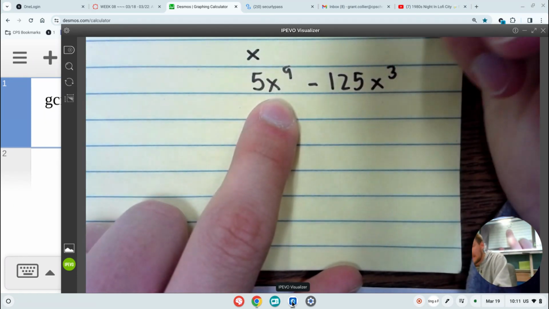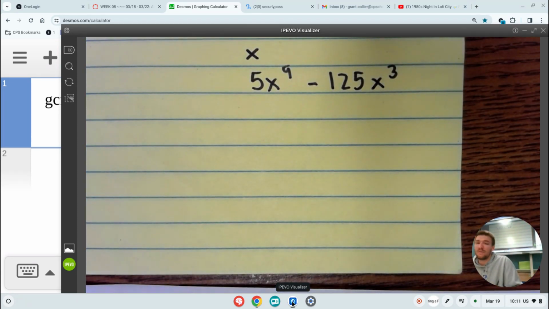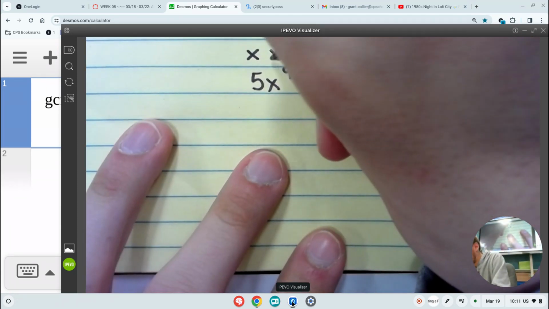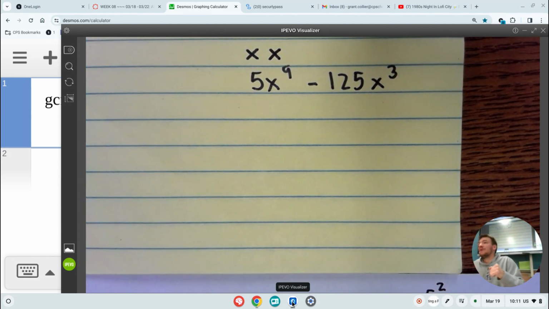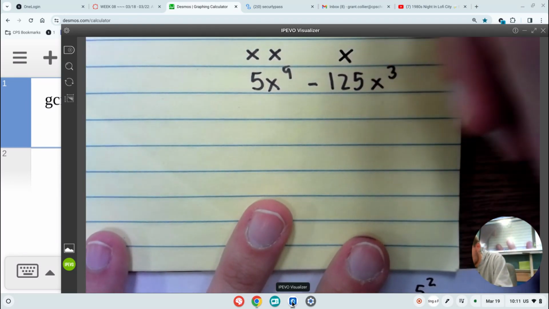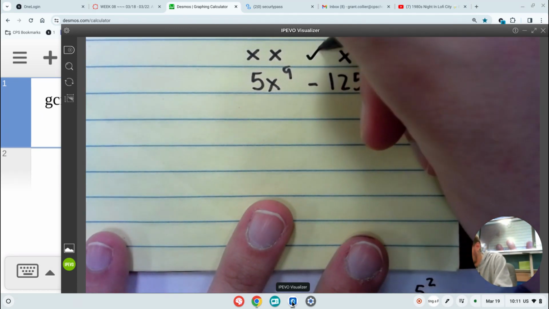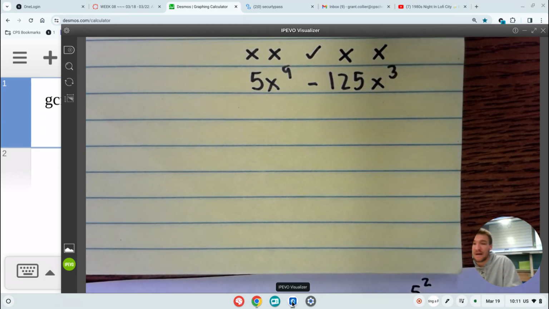No. Can we rip x to the 9 into 2 equal parts? I don't think we can. We could make it x to the 5 and x to the 4, but we can't split it in half. 125, no good. x cubed, no good. The only thing good about this is that we have a minus.